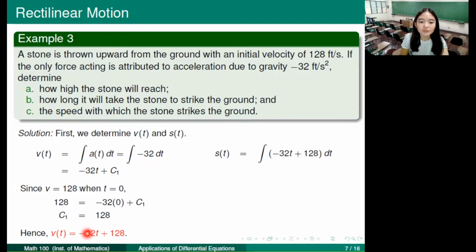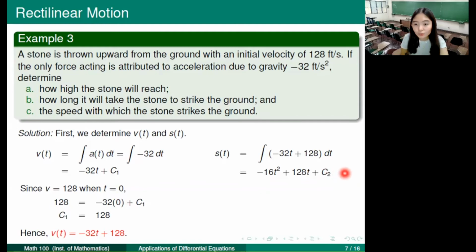It is this one, negative 32t plus 128. And we integrate this once more. So, ito ang makukuha natin. Okay? Negative 16t squared plus 128t plus c sub 2. c sub 2 this time because we used c sub 1 again earlier na. Okay? So, we just need to get this particular value for c sub 2.